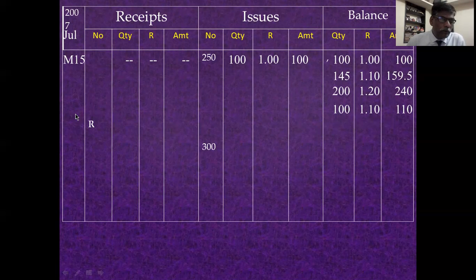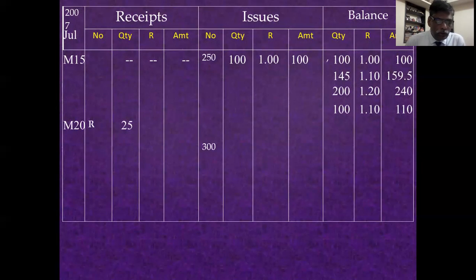Then after March 15, 20th March. 20th March return is there, return to store. You have to take return of 25 units issued to Z. It was issued to Z on March 15 itself, at 1 rupee per unit.